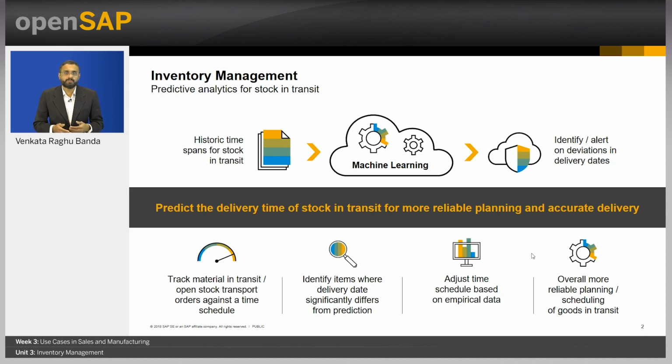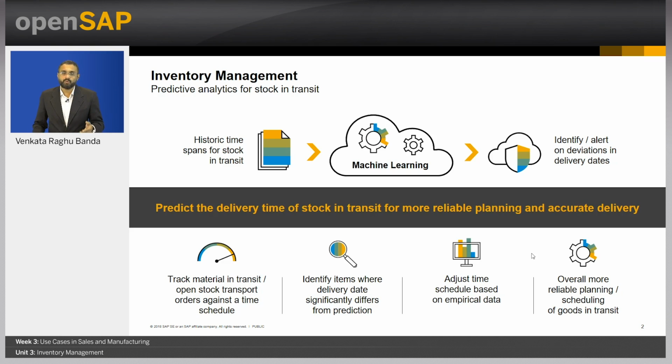Most of the time, for whatever reason, there might be some delays and it may not get delivered in time, which will cause a lot of time delays, affect your other planning, or there might be additional costs. To cut down on all that, you could leverage the predictive analytics or machine learning technology, and then you can understand if there are any deviations in predicting the stock arrival in time at the delivery location.